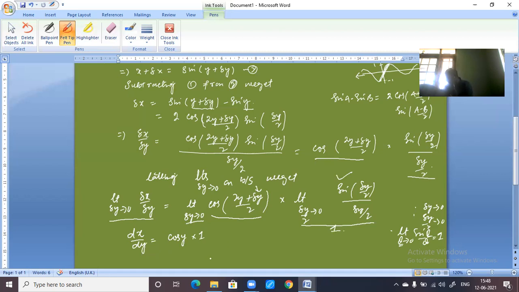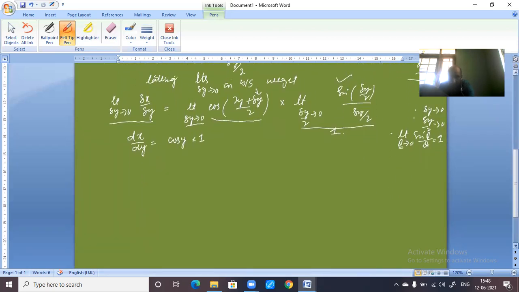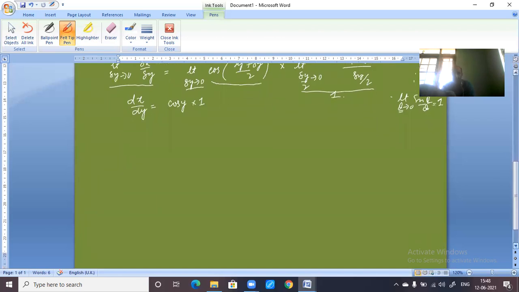Now if this is cos of y, it also means that if I take the reciprocal of this equation, what would that mean? The reciprocal of this equation also means that dy by dx is equal to 1 divided by cos of y.